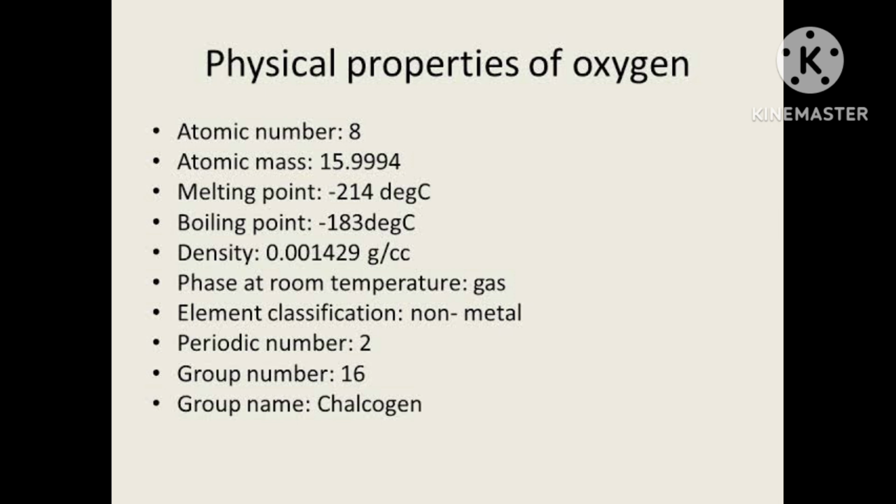Dioxygen can be obtained in the laboratory by many methods. There are many methods to prepare the oxygen gas in laboratory. Few methods I will discuss. First, by heating oxygen containing salts such as chlorates, nitrates and permanganates.